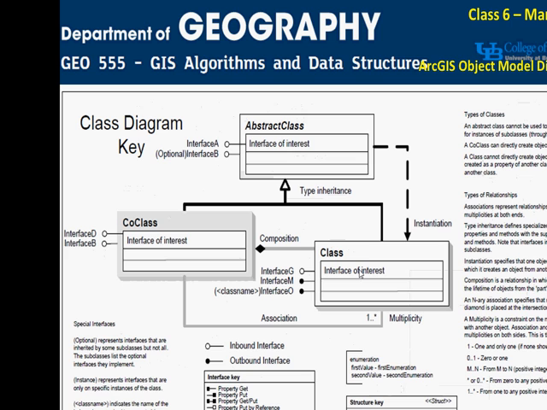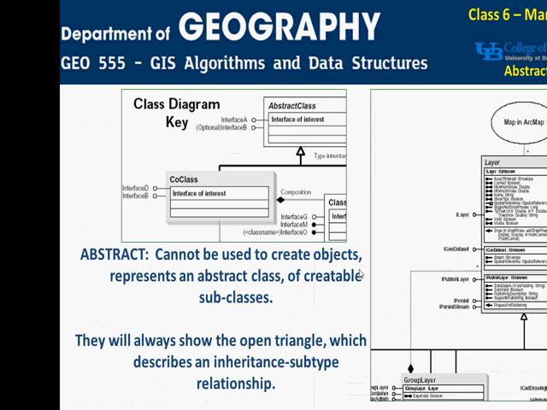The first one is an abstract class, and on an object model diagram, the box of an abstract class will be empty and not filled in, and the title will be in italics. See up there where abstract class is italicized? Abstract classes are just that. They're abstract. They can't be used to create objects.